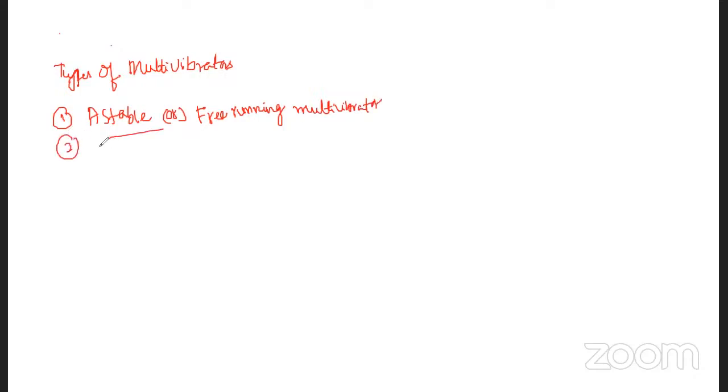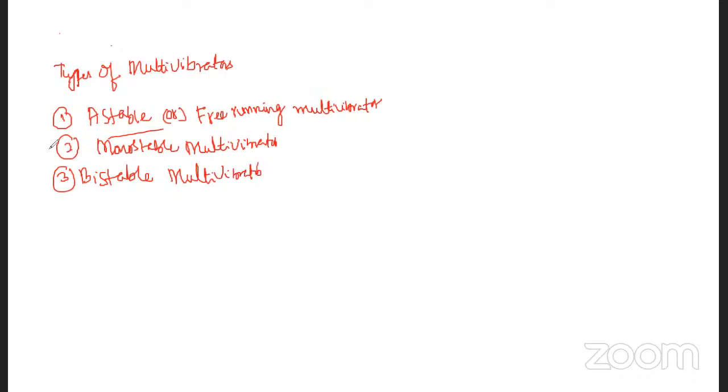The second one we have is the monostable multivibrator. And the third one is the bistable multivibrator.